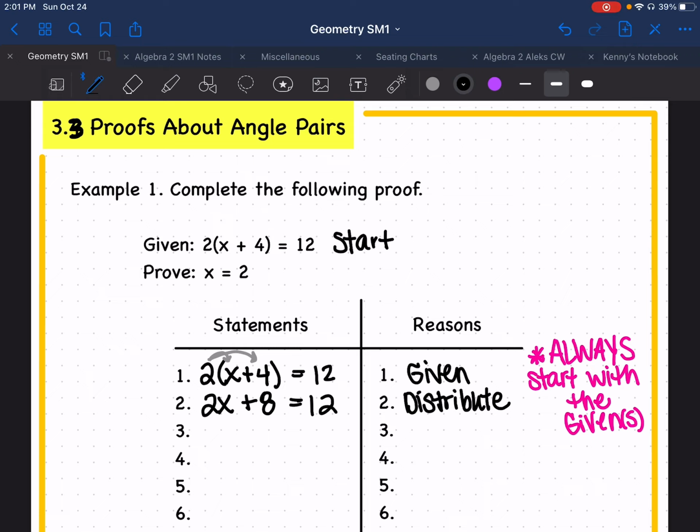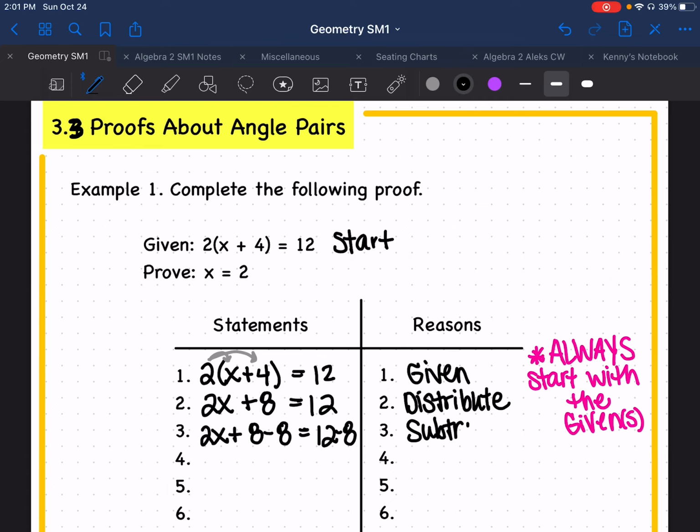Now I'm going to look at this equation and say to myself, what would I do to get the x alone? Well, the first thing I have to get rid of is my plus 8, and I'm going to do that by subtracting 8. So I'm going to subtract 8 from both sides. And I could show it like this. This is the subtraction property.